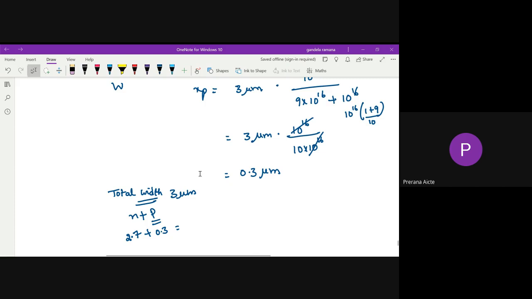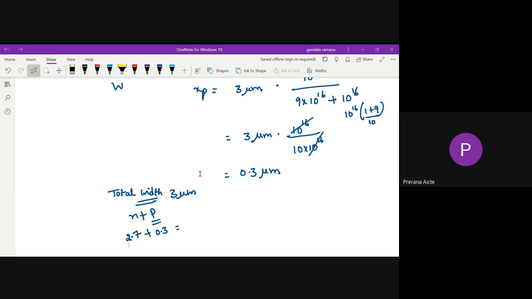In the previous case they asked for the ratio, and in this case they asked for the P side depletion region.